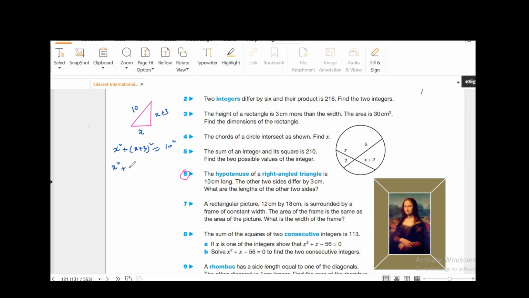So here we can say that x squared plus 9 plus 6x is equal to 100. And remember that we can try to simplify. So 2x squared plus 6x plus 9 minus 100 equals 0. So 2x squared plus 6x minus 91 is equal to 0. Here they are not all divisible by the same number, so we can apply the quadratic formula straight away.